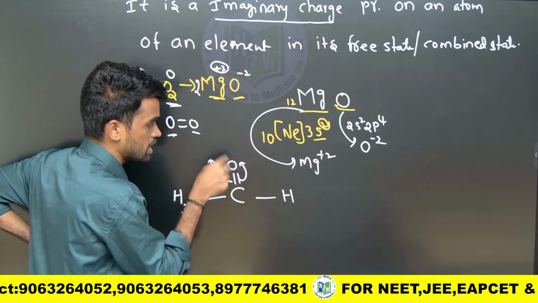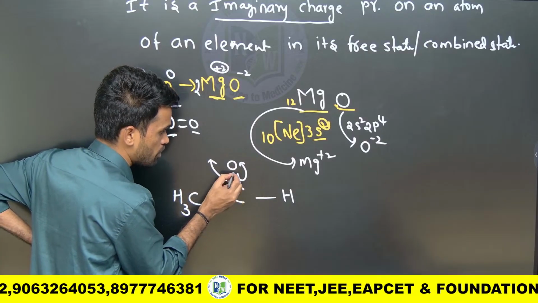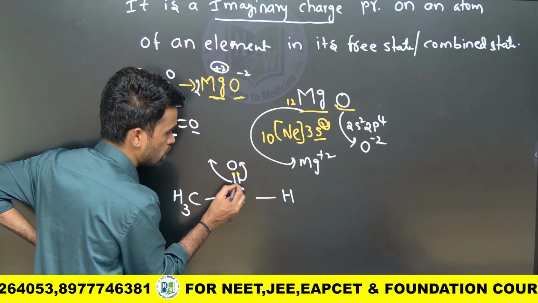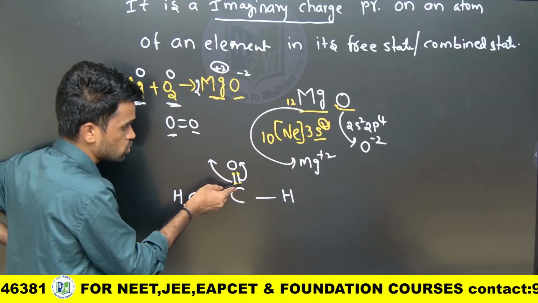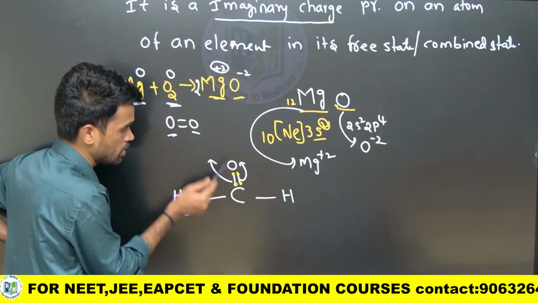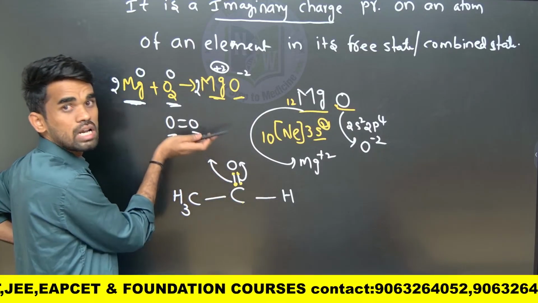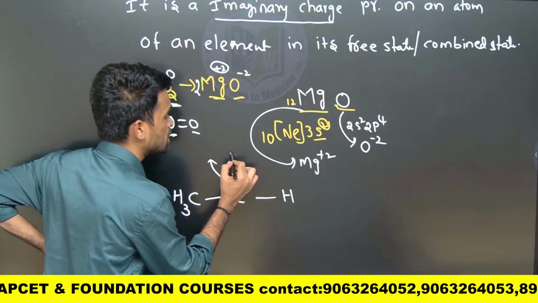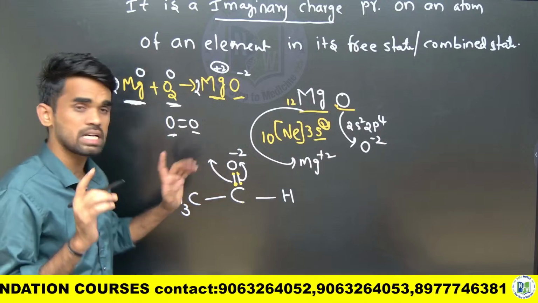These 2 bonds are formed by 2 electrons from oxygen and 2 electrons from carbon, right? So total 4 electrons. Now these 2 electrons are oxygen's, that is fine. 2 more electrons are taken from the carbon towards the oxygen due to its more electronegativity. So oxygen will get what charge? Minus 2 charge. So that will be the oxidation state of oxygen.